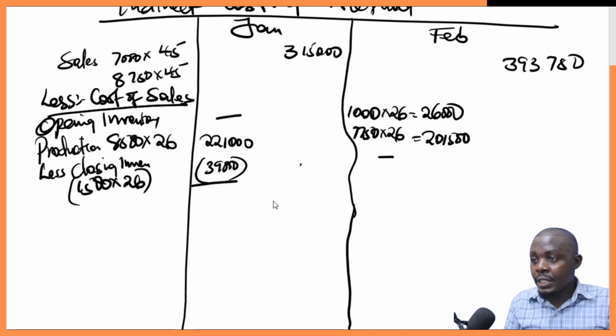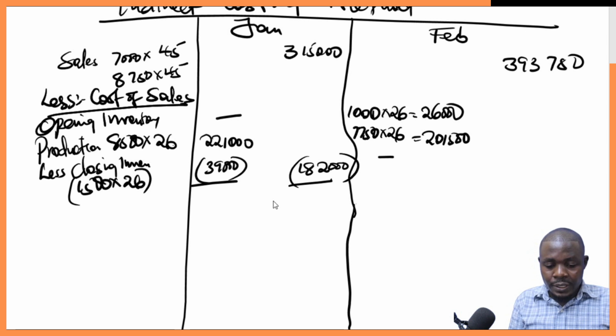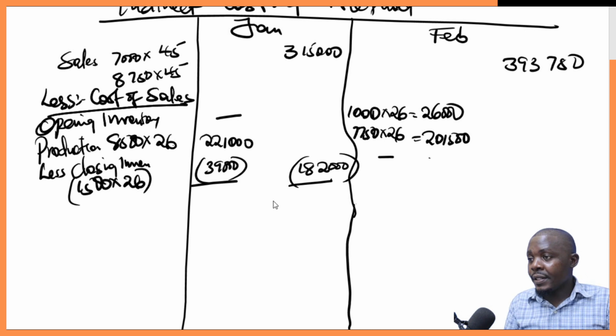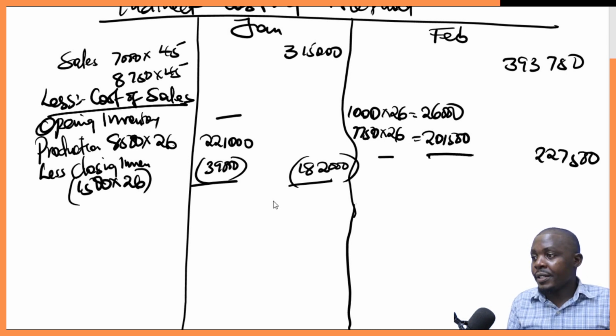We have 182,000. Then we have 26,000. We are adding 201,500. Have 227. The total here is 227,500.